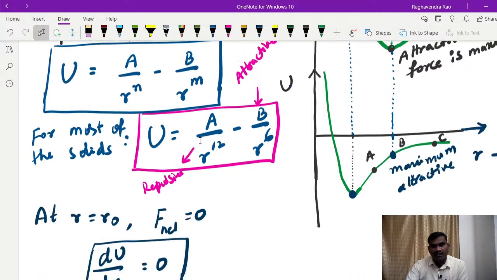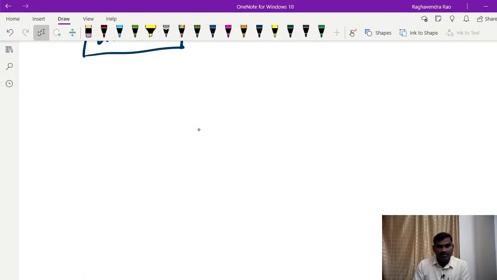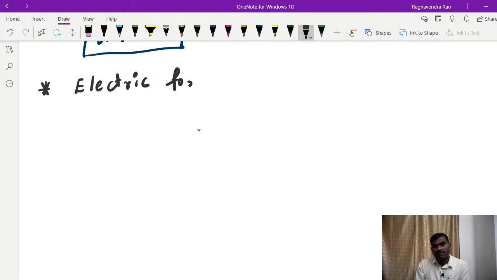Here are the key points for the objective examination. First, intraatomic and intermolecular forces are electric forces, and these electric forces are conservative forces.